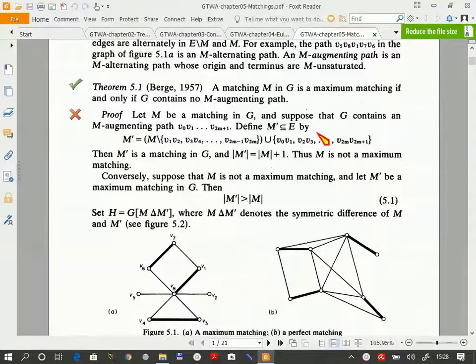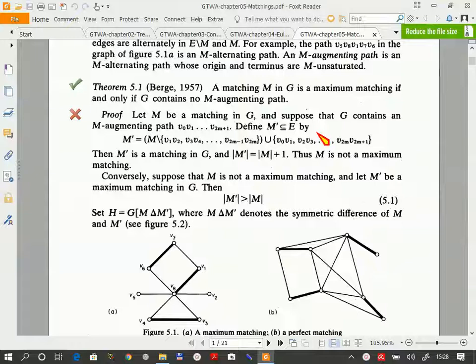And so to say, okay, now I will put inside the matching, where this is not saturated. So this is unsaturated because there is an edge of the matching adjacent to it, incident to it. This also, and this also.